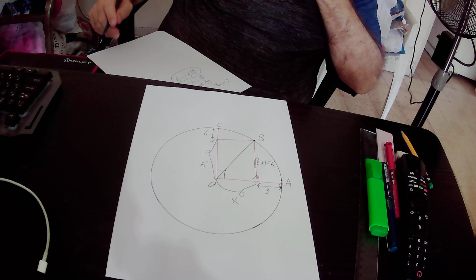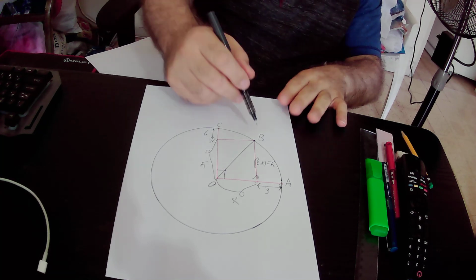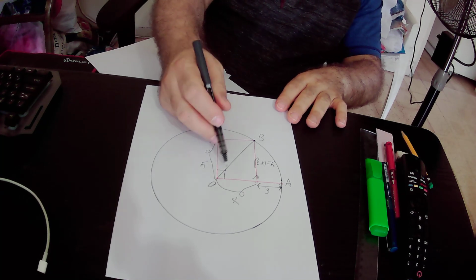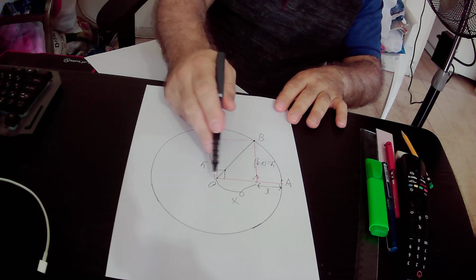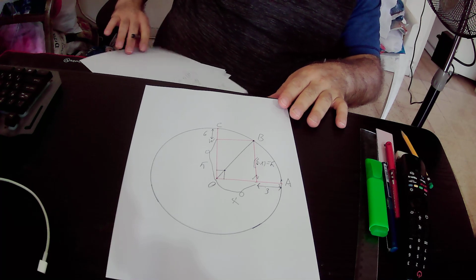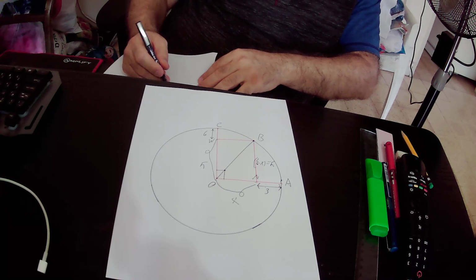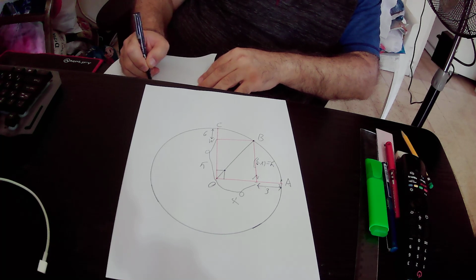Okay, OB is the radius of this circle, so OB equals OA, both of them are radiuses of the circle.